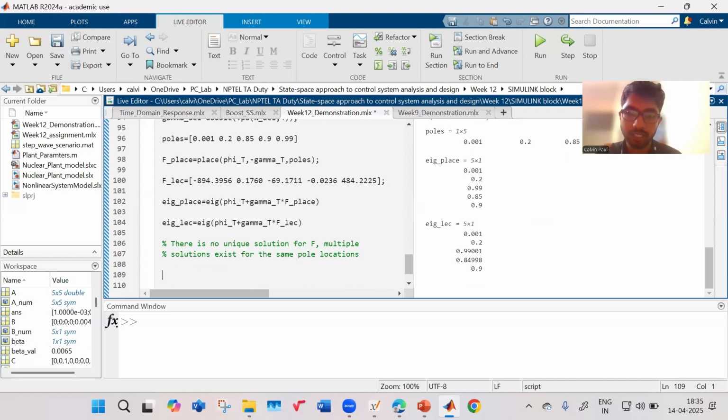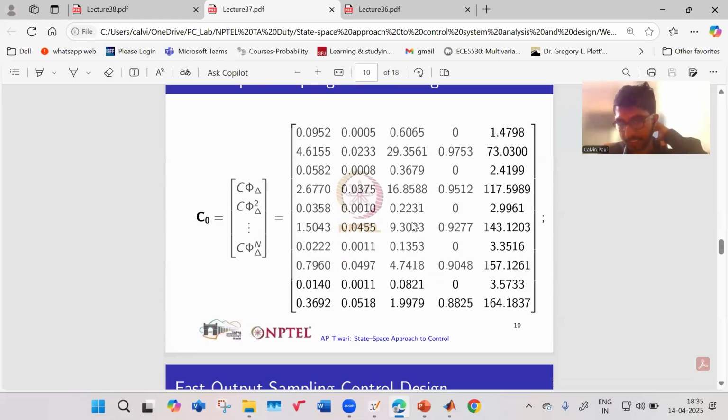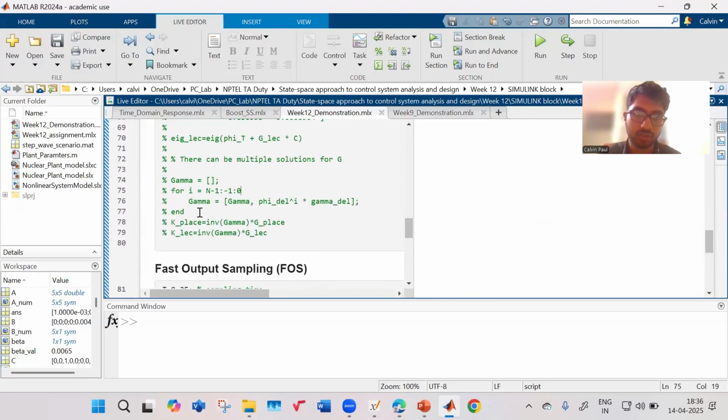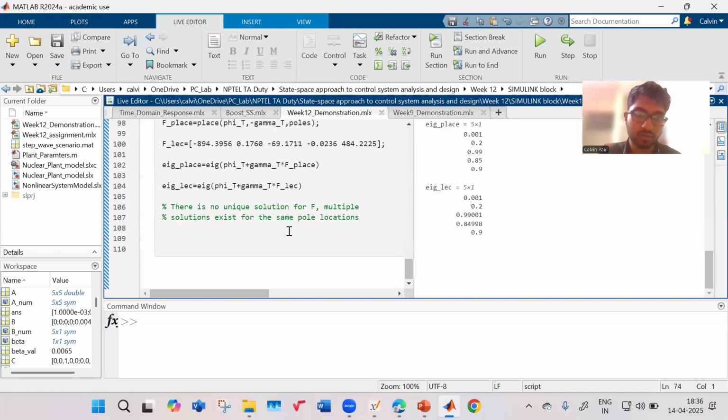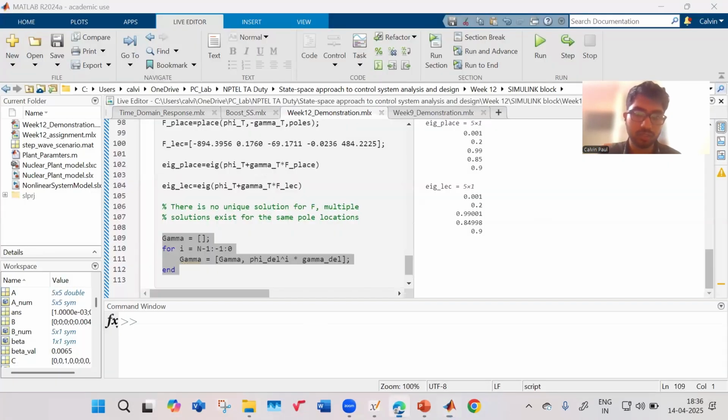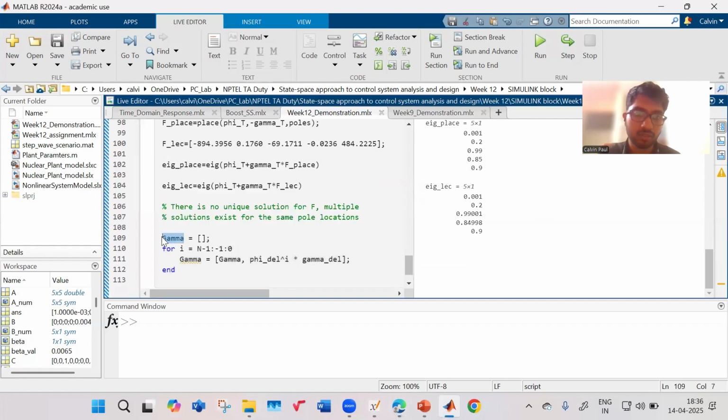Now we will check. We have to find C. Now C is given by C into phi delta, C phi delta squared, over C into phi delta into M. Okay, so that is this numeric thing. Let us go for this. We'll use the same code. This C naught, C underscore naught, let us do one by one.